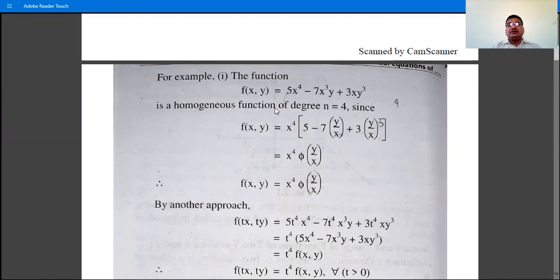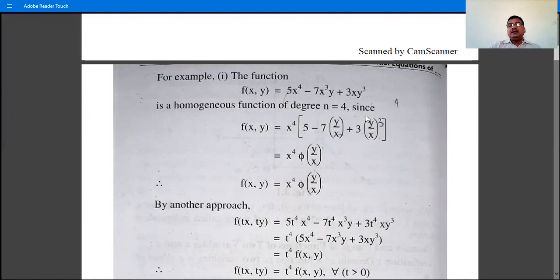Now let us check this function as a homogeneous function using the next approach. We consider f(x,y) and take x raised to 4 common. So we have 5 minus 7 times y by x, since x cube y divided by x raised to 4 means y by x, and 3 times x y cube divided by x raised to 4 means y cube divided by x cube, that is y by x cube.